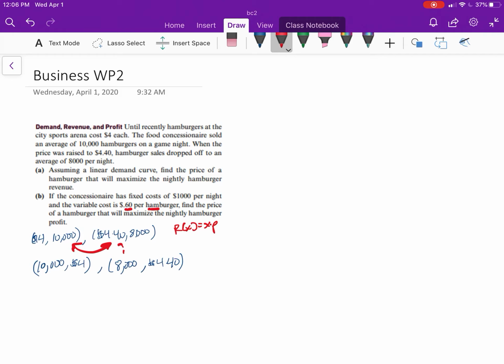Now, I did them both ways. They both work out. Ultimately, changing one X and Y will save you a step on one question, and flipping it the other way would save you a step in the other question. So really, it doesn't matter as long as you stay consistent with your units.